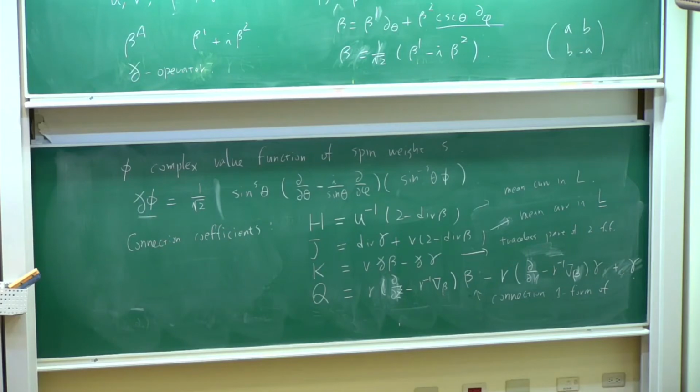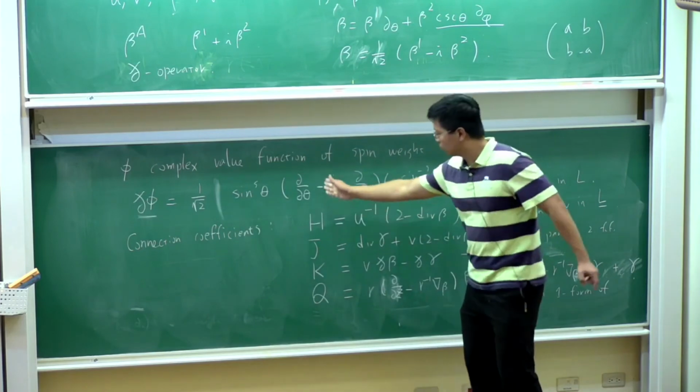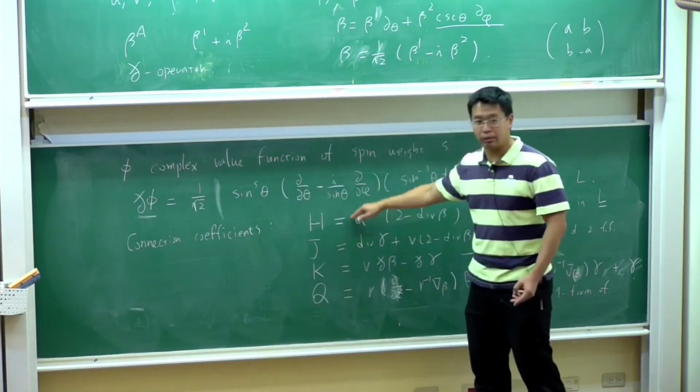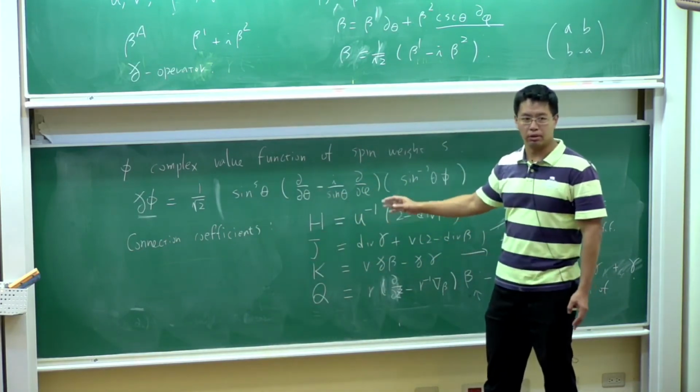Okay. So from these, one can recover the metric components, again assuming beta is already known.